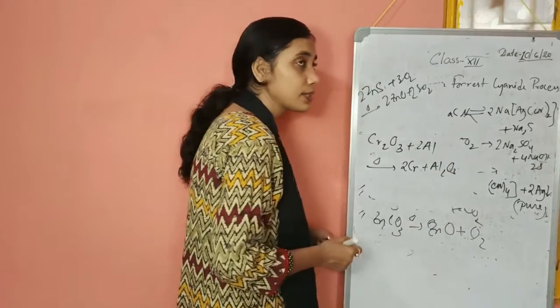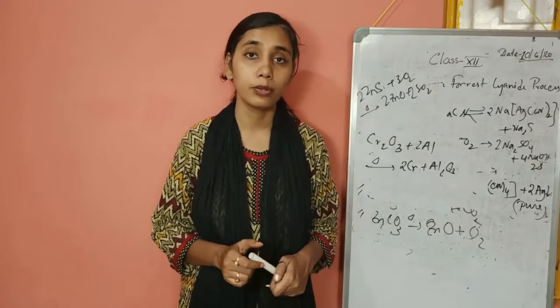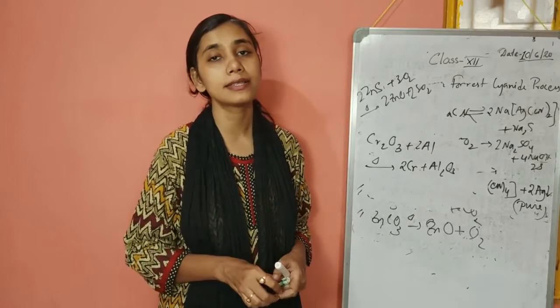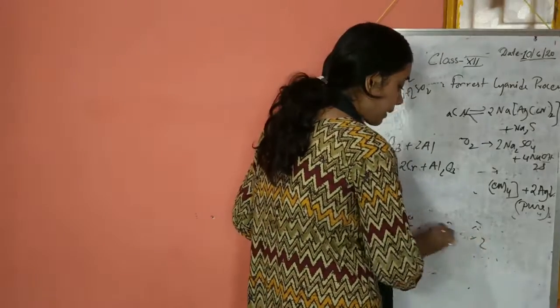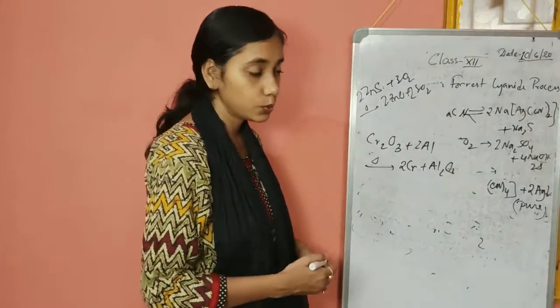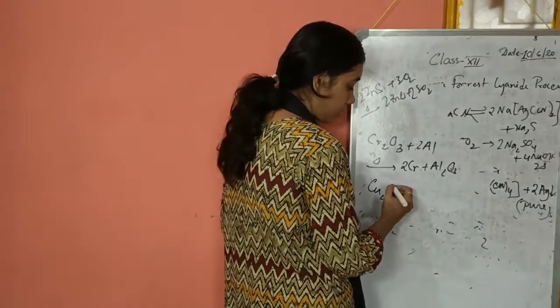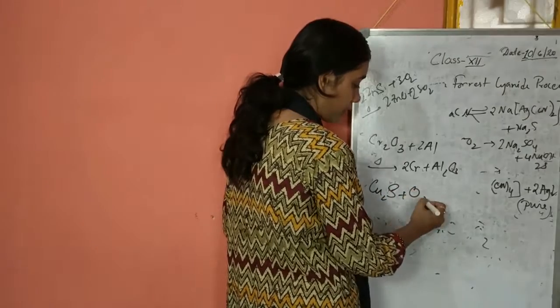Third, one more is the self-reduction process. This is used generally for copper glance. Copper glance is Cu2S. When copper glance is roasted, some part of the copper glance remains as it is and the rest gets converted to its oxide. So if you are doing the roasting process with copper glance, Cu2S, we are reacting it with oxygen.